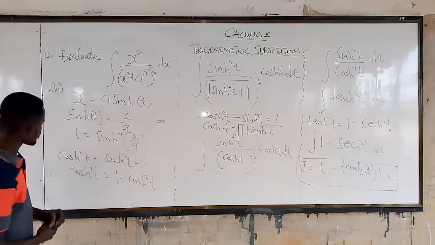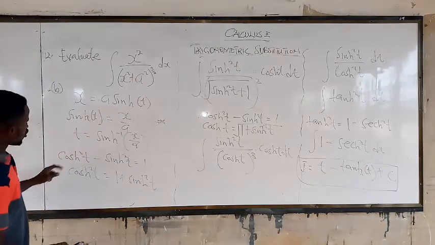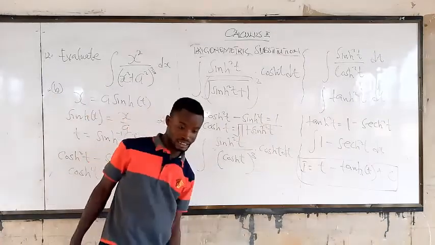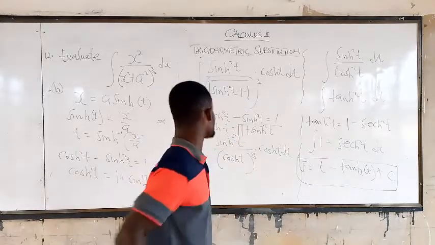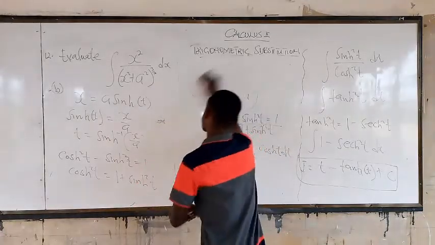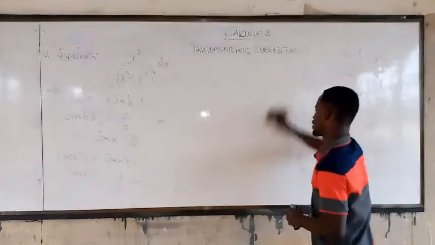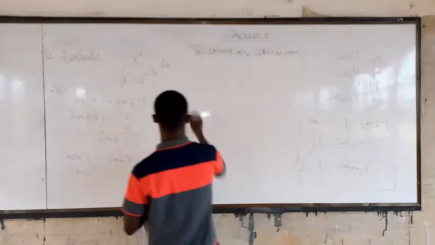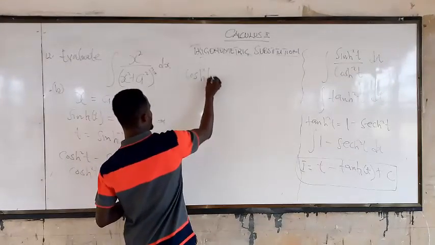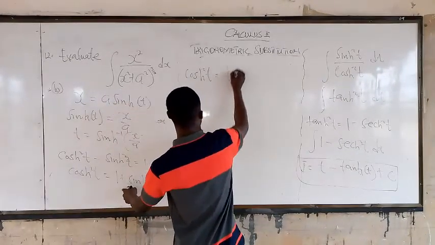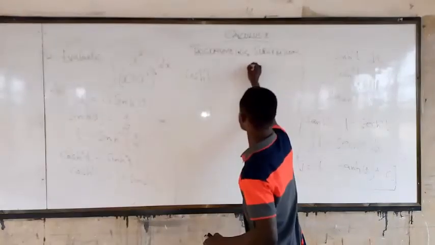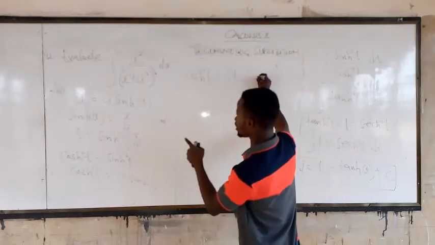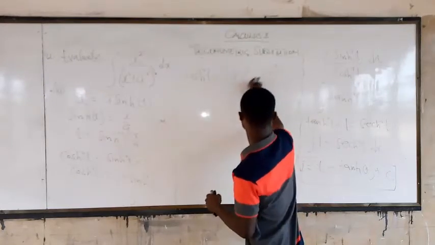A. So what we want is to get cos t so that we can use it to find tan t. Good. So by substitution, cos square t is equal to 1 plus, we know sin t to be s over a.